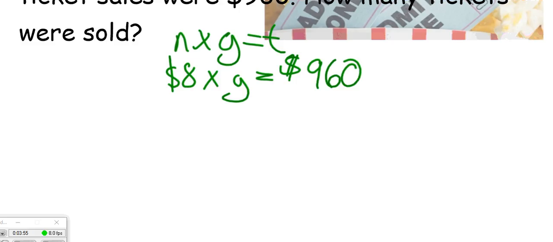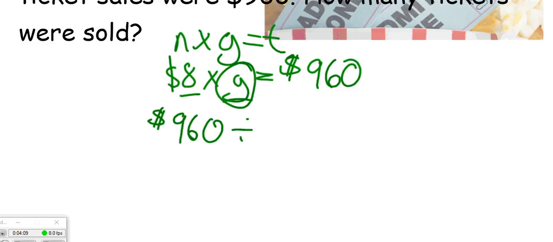From there, we got to get our G alone, so we got to rearrange. What's our fact family? When we look at this, a factor times a factor equals a product. But if I'm looking to solve for a factor, really what I'm doing is changing this problem into a division problem. And that really becomes the connection with this idea: I can take a multiplication pattern but use division to help me solve.